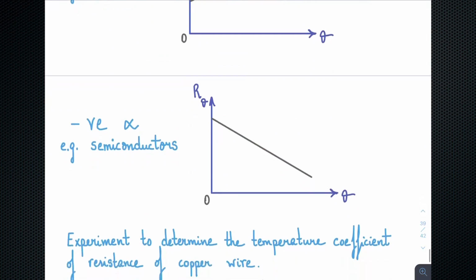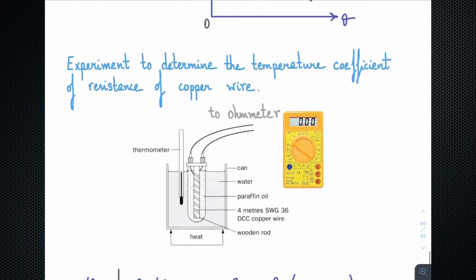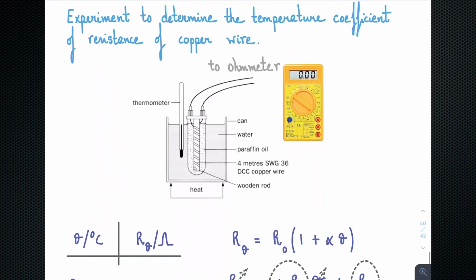Let us now consider an experiment aimed to determine the temperature coefficient of resistance of a copper wire. We would need a length of wire wound as a coil and placed in a tube filled with oil, which is then inserted in a beaker with water.